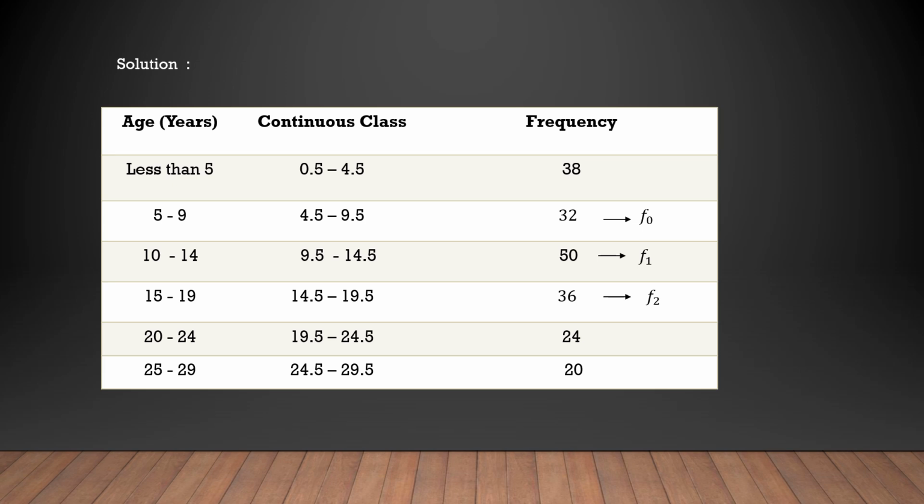So the value of L is 9.5, and the value of h is the difference between these two, which is equal to 5. And the value of f1 is 50. So the value of f0 is 32 and the value of f2 is 36.